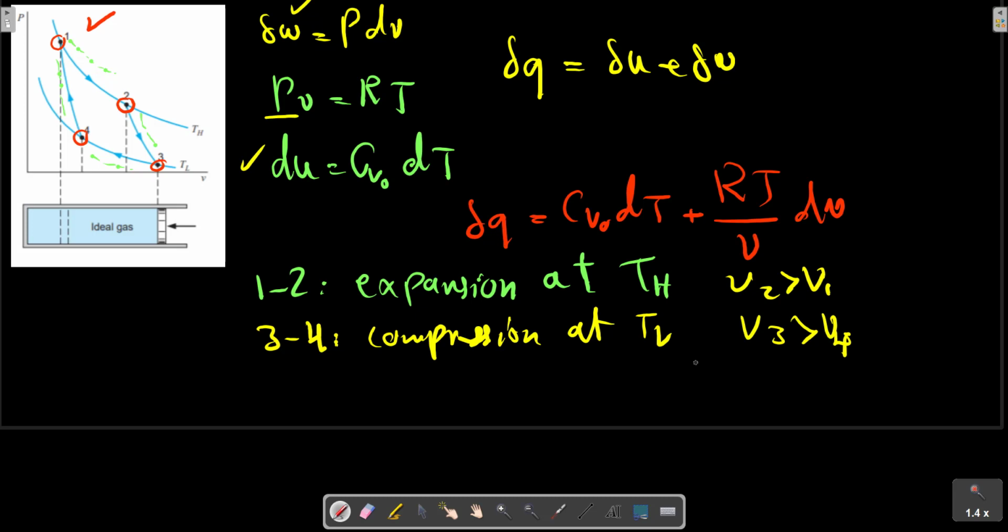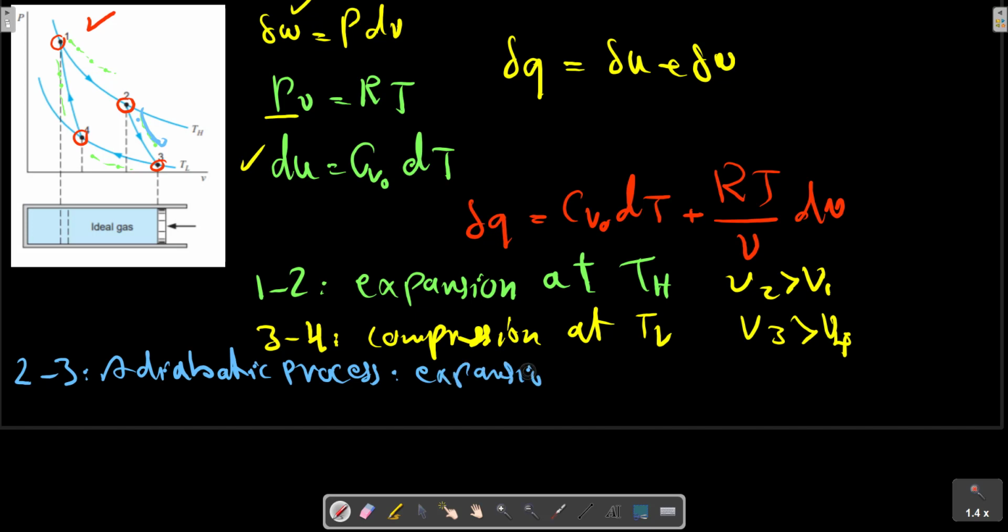We have an adiabatic process from 2 to 3. The adiabatic process is an expansion from T_H to T_L. As shown, this is an expansion because the volume is increased.